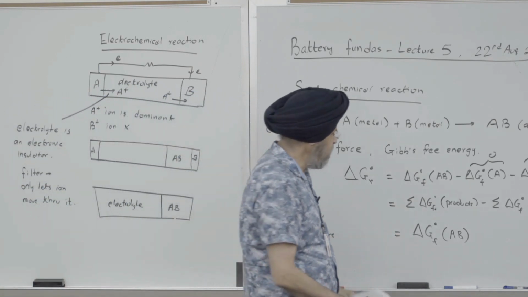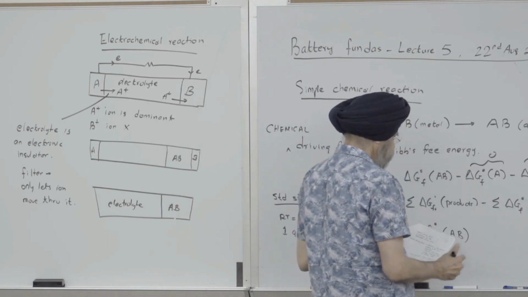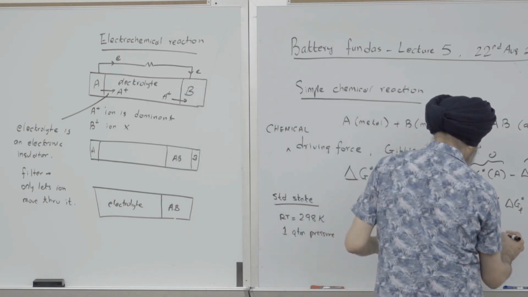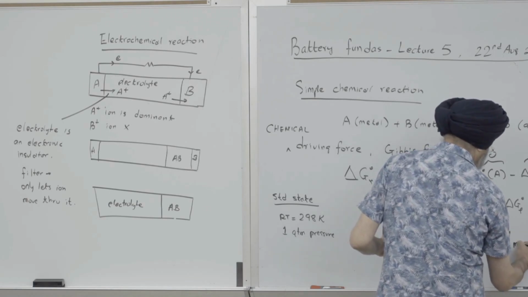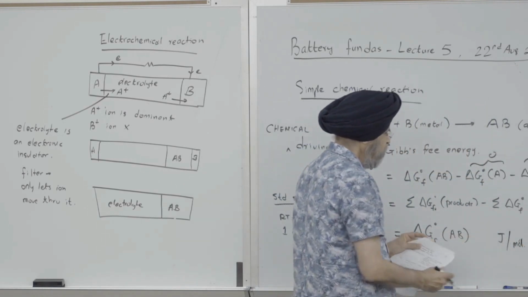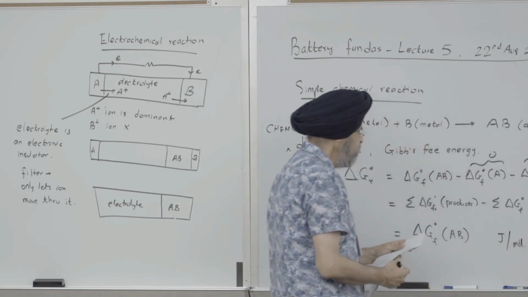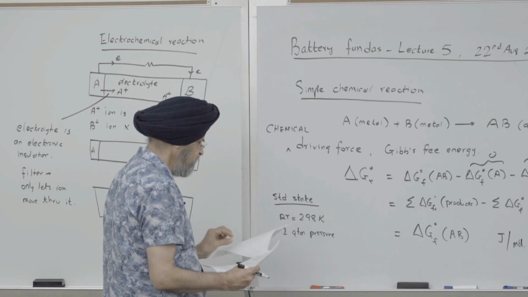So what would the units be? Units would be joules per mole of the material. Mole is a quantity, J is the energy. So that's the Gibbs free energy.